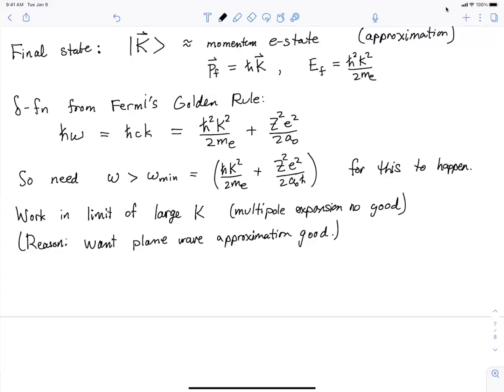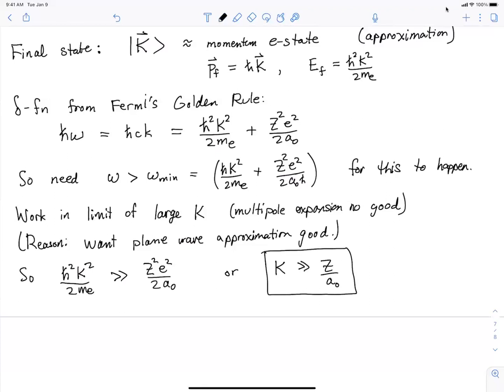Okay, so what does that mean? That means we have to have h bar squared k squared over twice the mass be much, much larger than the relevant binding energy of our electronic state. Or in other words, we can rearrange this and say that our K has to be much, much larger than Z over the Bohr radius.